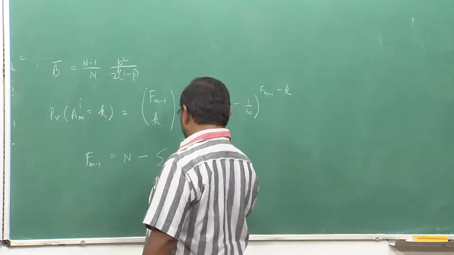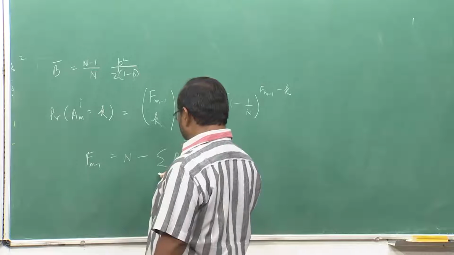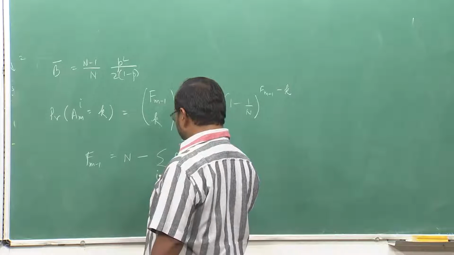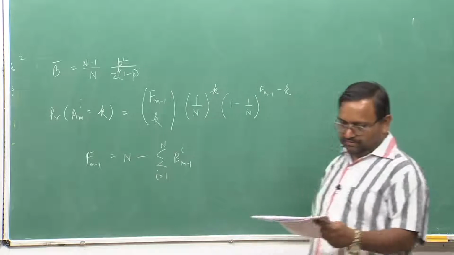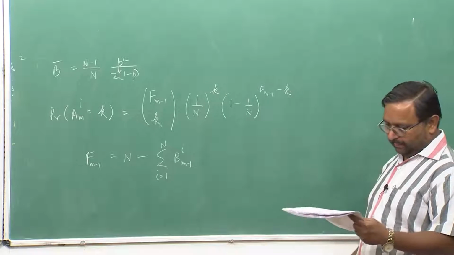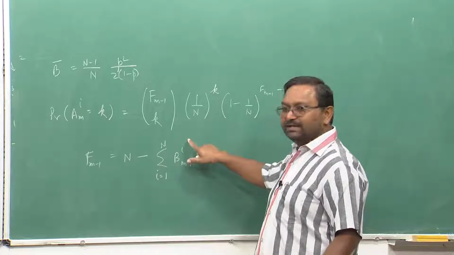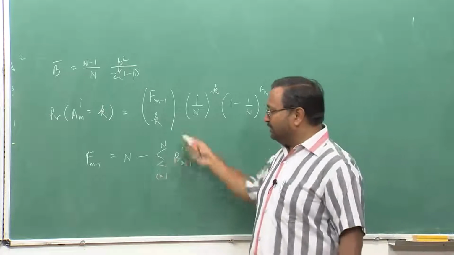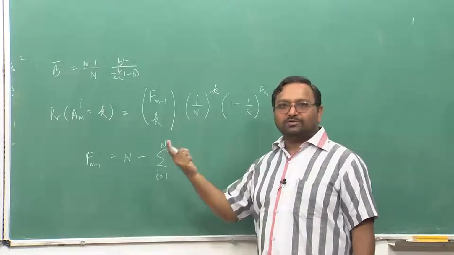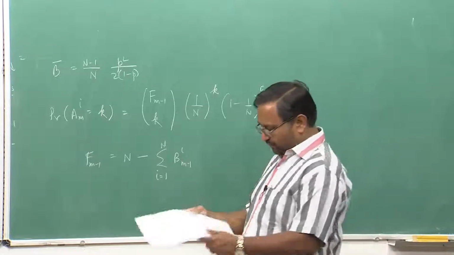So this should be n minus the sum of Bm minus 1 I, with I going from 1 to n. This is the sum of the packets which are blocked for an outgoing port I, summed over all possible outgoing ports. Whatever you remove from this, that many packets should be coming to the front of the queue.